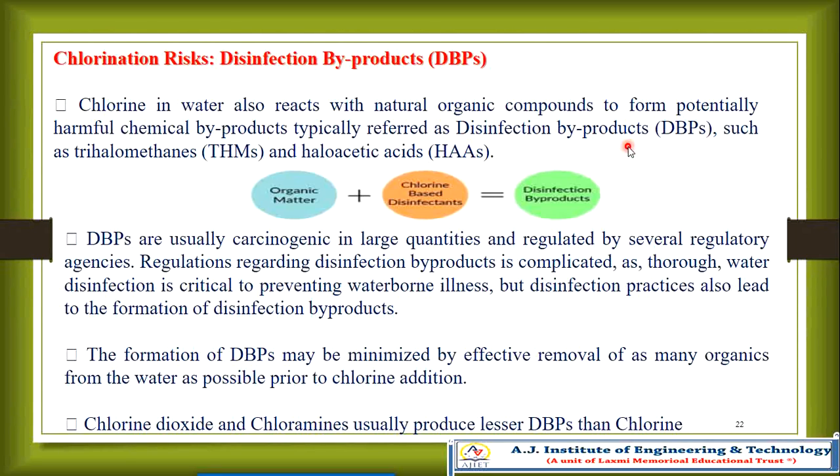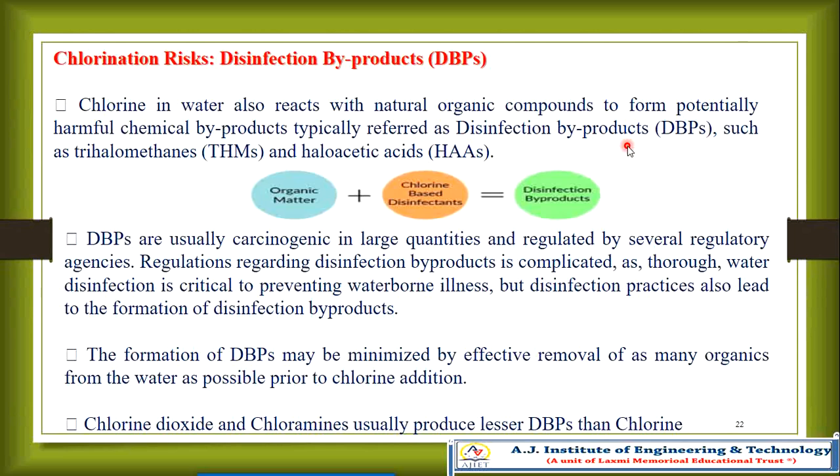How has that to be removed? Before water comes to the disinfection tank, we should reduce the organic matter. How? Through proper filtration, proper sedimentation, proper coagulation. That is enough to reduce the DBPs.